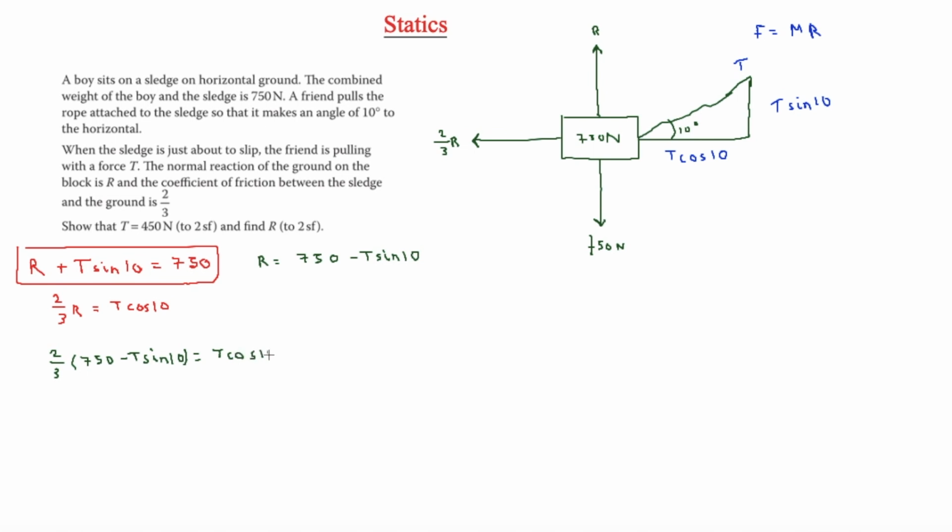Doing some rearranging of this, what we're going to get is 500 is equal to T cos 10 plus 2/3 T sine 10.